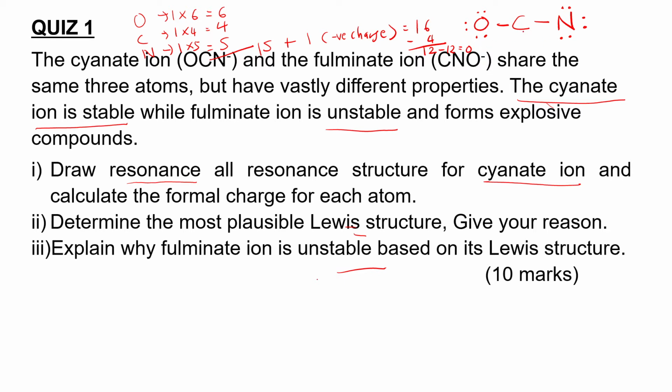Okay, but here carbon is not yet octet. So to octet for carbon, we need electrons from the terminal atom. So nitrogen will give 1 lone pair, so it will form a double bond here. But still carbon is not octet.